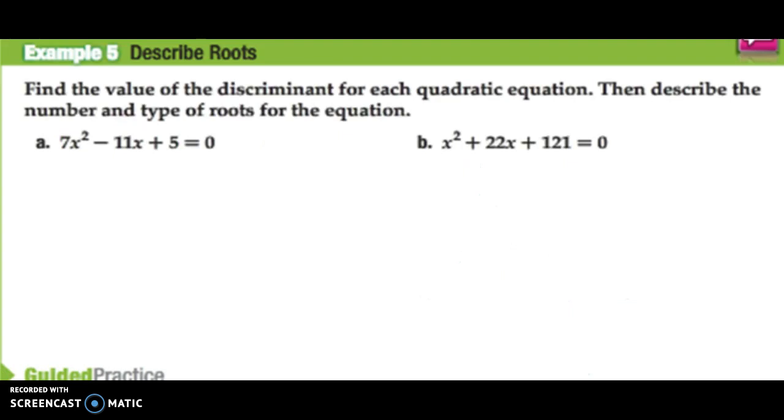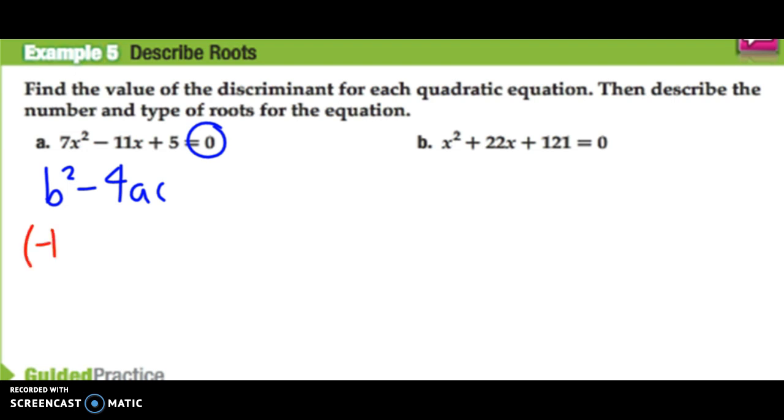So let's look at example 5. It says to find the value of the discriminant for each quadratic equation, then describe the number and type of roots in the equation. So if we have our discriminant to be b squared minus 4ac, I need to make sure that my quadratic is equal to 0, just like before when we were solving with the quadratic formula, and I just input my numbers.